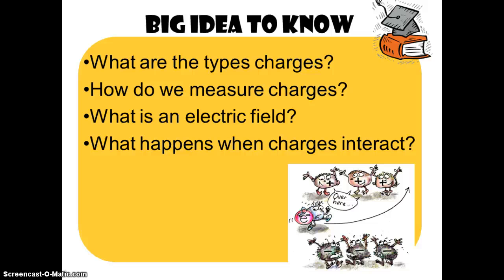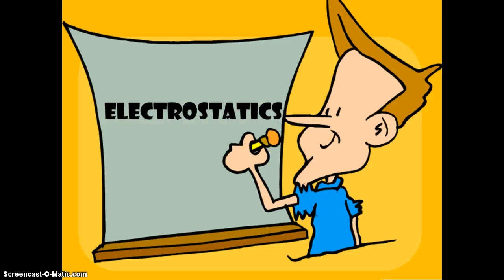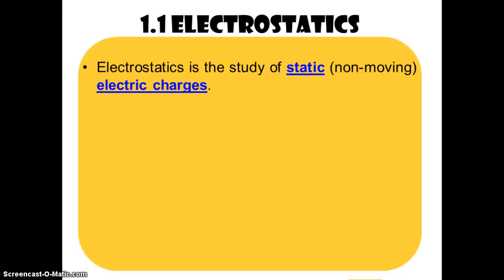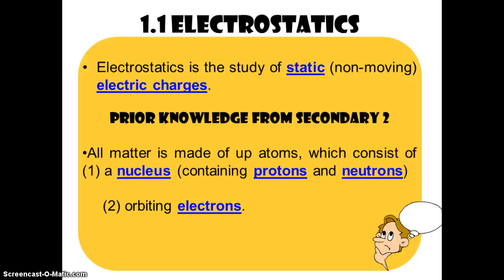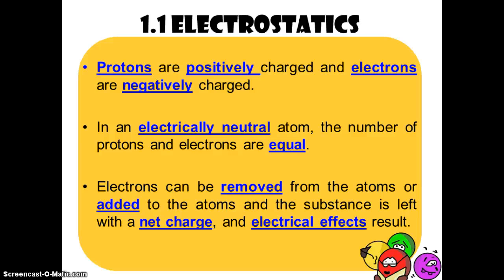Okay, so first let's start off with electrostatics. What is it? Basically, the study of electrostatics is the study of static electric charges, meaning to say the charges that are not moving. From what you learned in Sec 2, all matter is made up of atoms that contain protons, neutrons, and electrons.